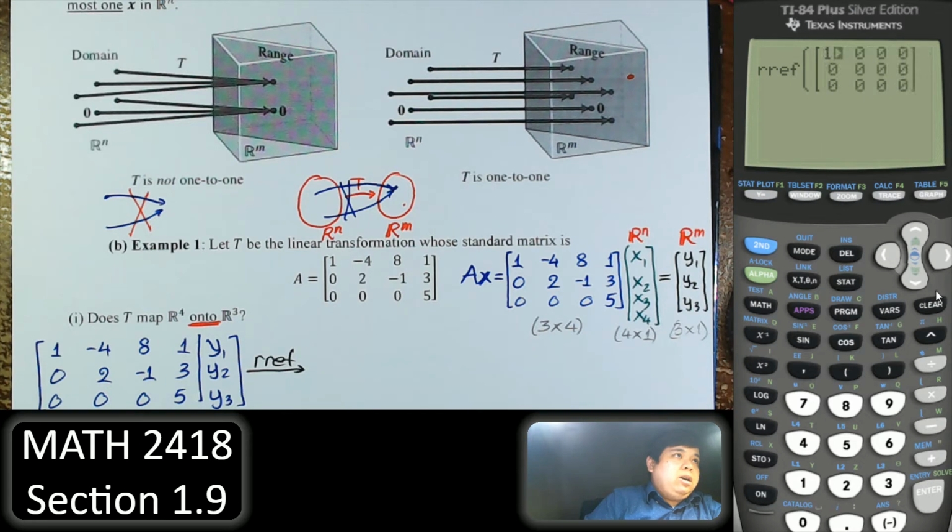Right, 1, -4, 8, 1, 0, 2, -1, 3, 0, 0, 0, and 5. Let's check.